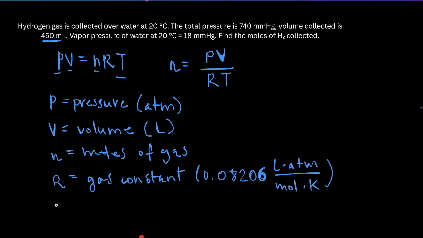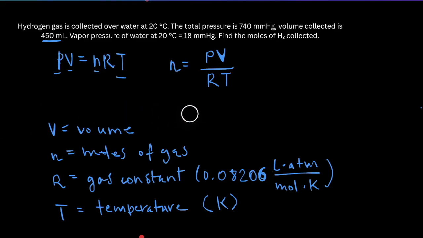Depending on the formula sheet you're given, it may have more or fewer decimals. And finally, our temperature has to be in units of Kelvin. So let's keep these things in mind and move forward with the problem.